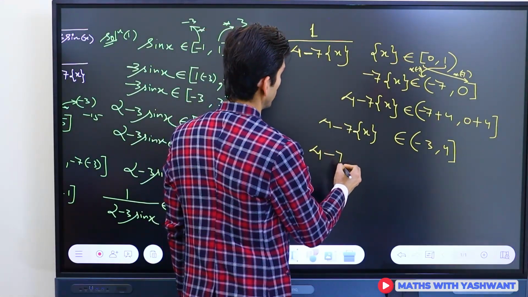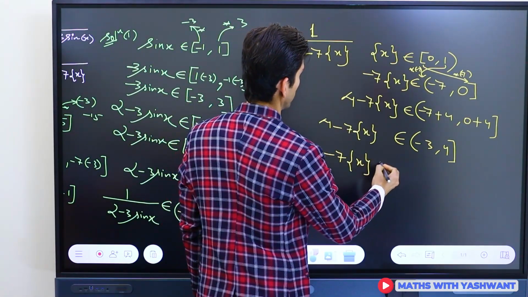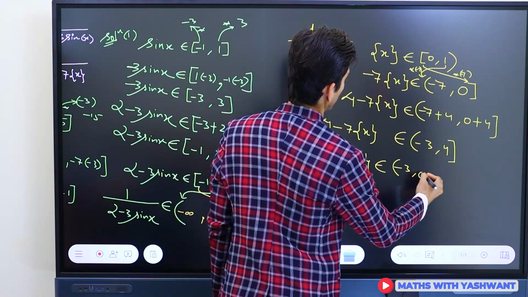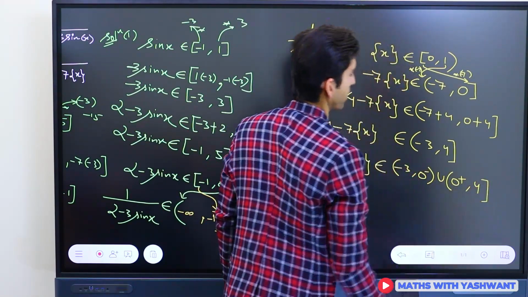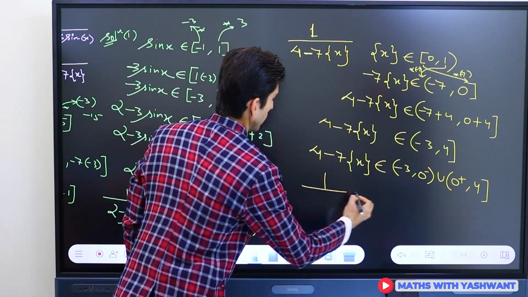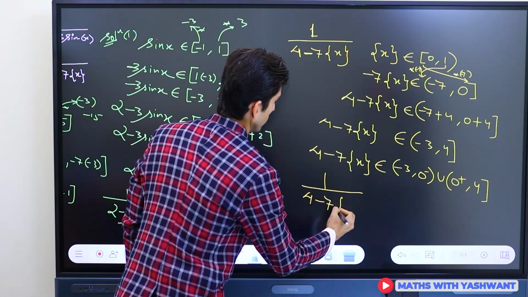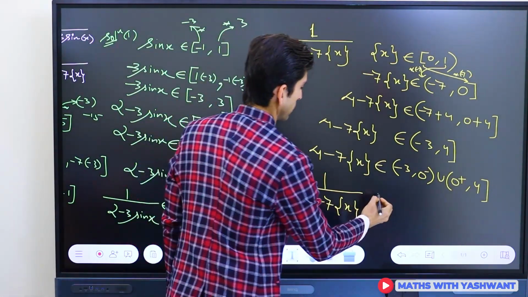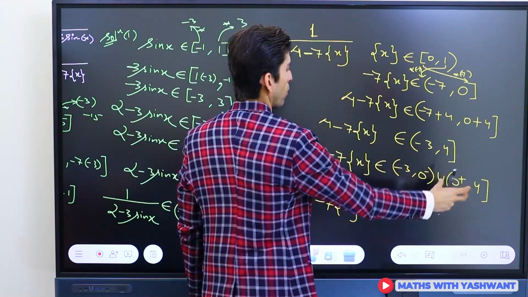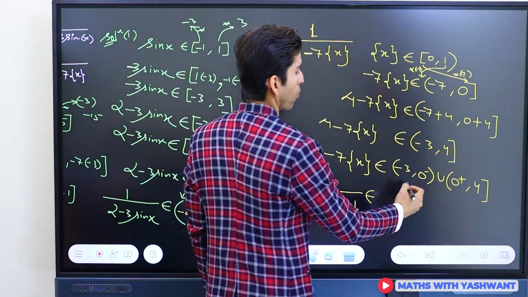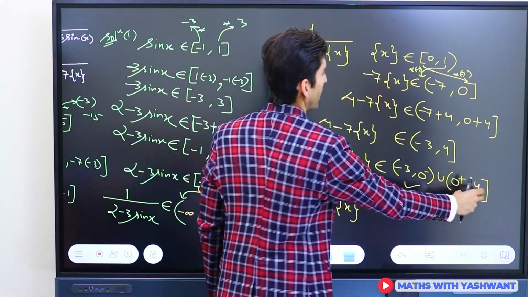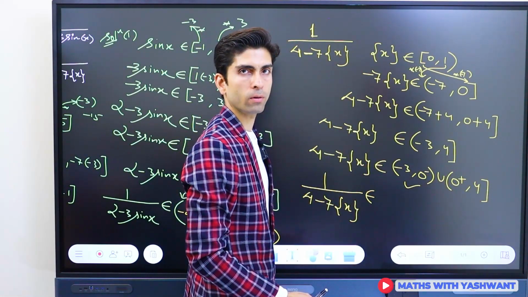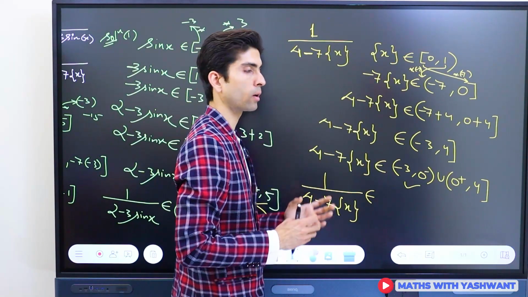So I break this interval at 0. So -3 to 0 negative, union 0 positive to 4. And when I do the reciprocal, for the first interval both the boundary points are negative, and for the second interval both the boundary points are positive. So we follow the working rule of case 1.